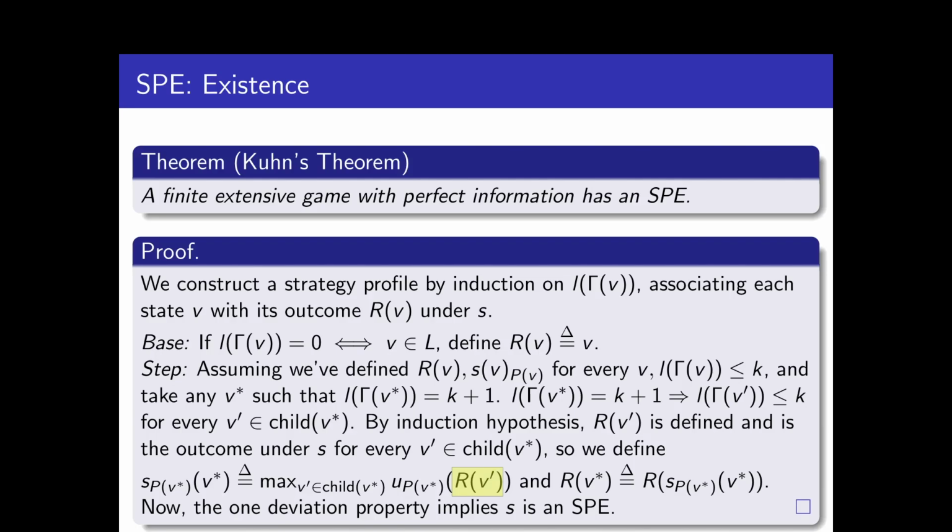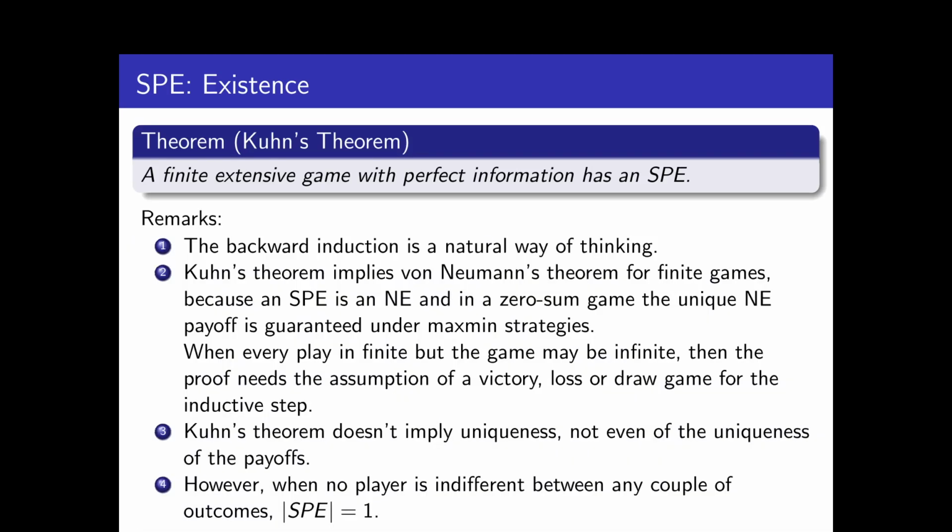So this proof can be generalized also for this case of maybe infinite games, when the length of each path is known to be finite. So for finite games, this theorem is strictly stronger than von Neumann's theorem.